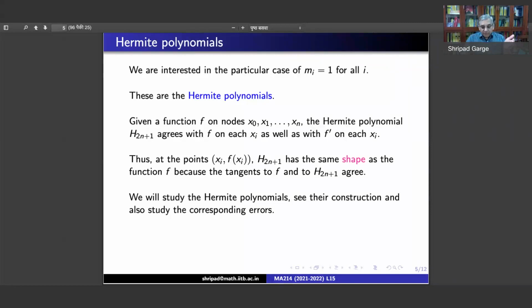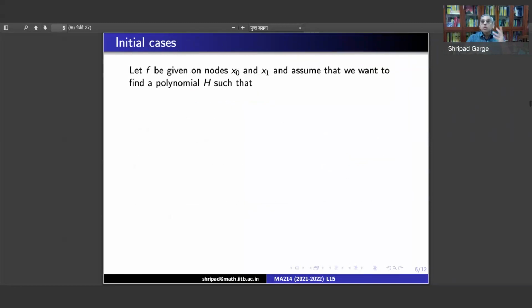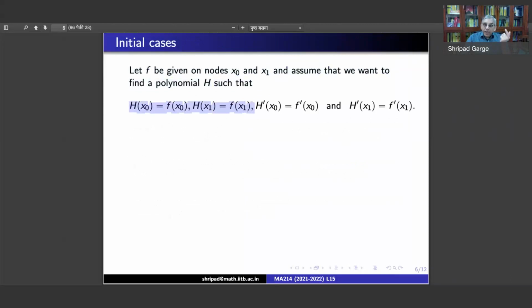So the baby case for us will be when we have two nodes, x0 and x1, and we want to find the polynomial h, which has the property that at x0 and x1 the polynomial values and the function values agree, and further we also want that the agreement happens for the derivative at x0 and for the derivative at x1. This is what we are going to do.